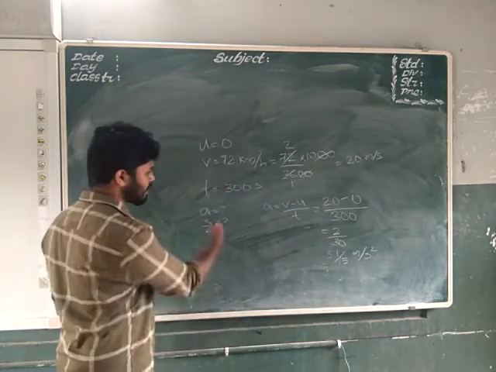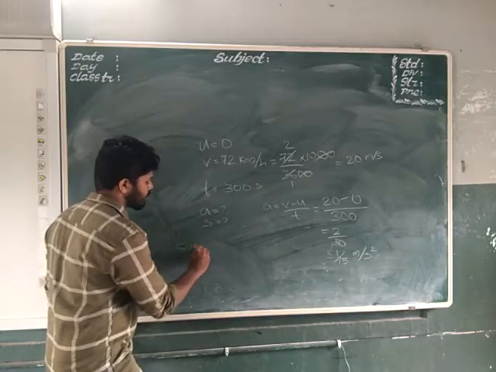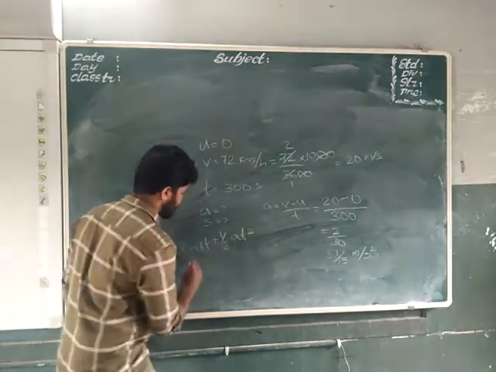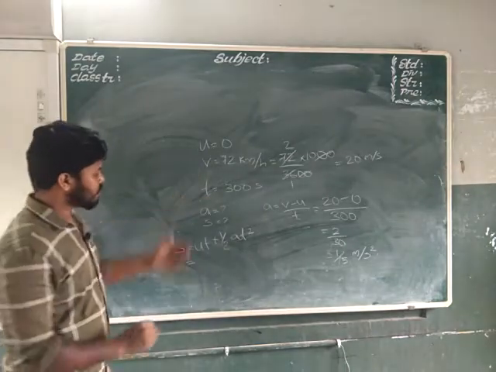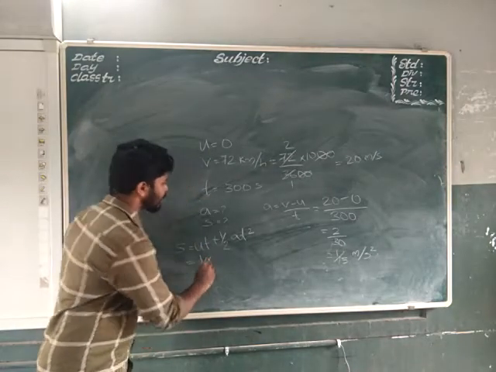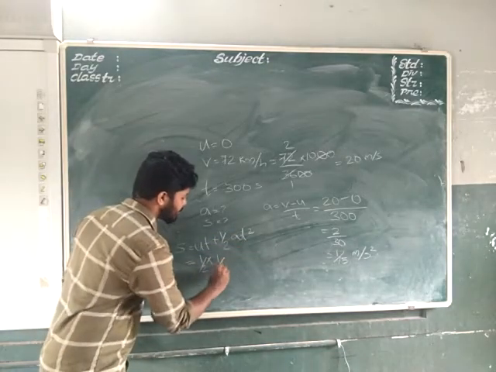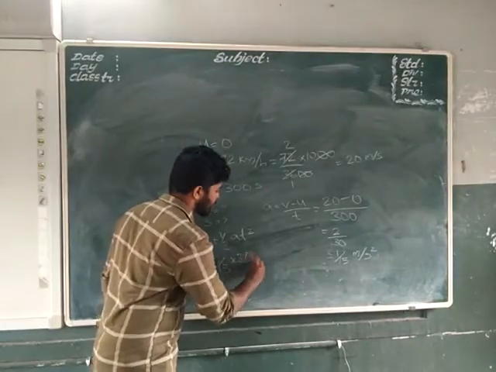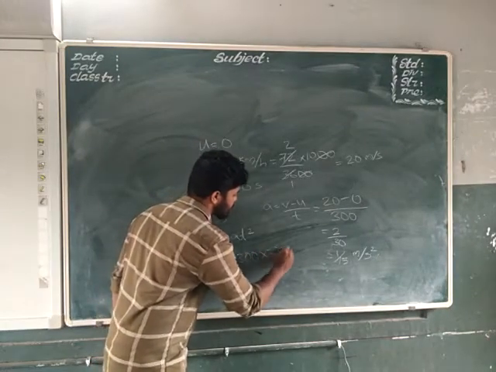Now finding s. s equals ut plus half at square. u is equal to 0, so this term gets cancelled, very easy. Half into a, where a is 1 by 15, and t is 300, into 300, t square.